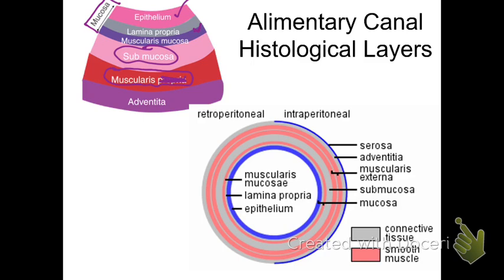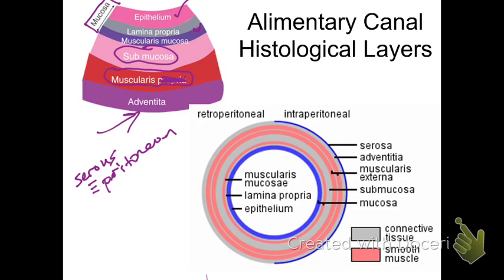Now, a moment ago, I called it the serosa, and that is true. Sometimes this outer layer is called an adventitia. The difference is this. If there's a serous membrane wrapped around the organ, that is, if there's any of the peritoneum, then the outer layer is called a serosa.